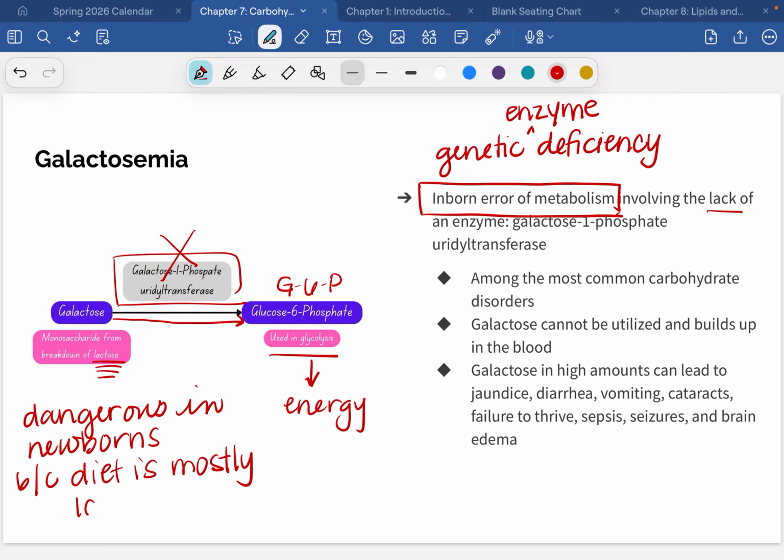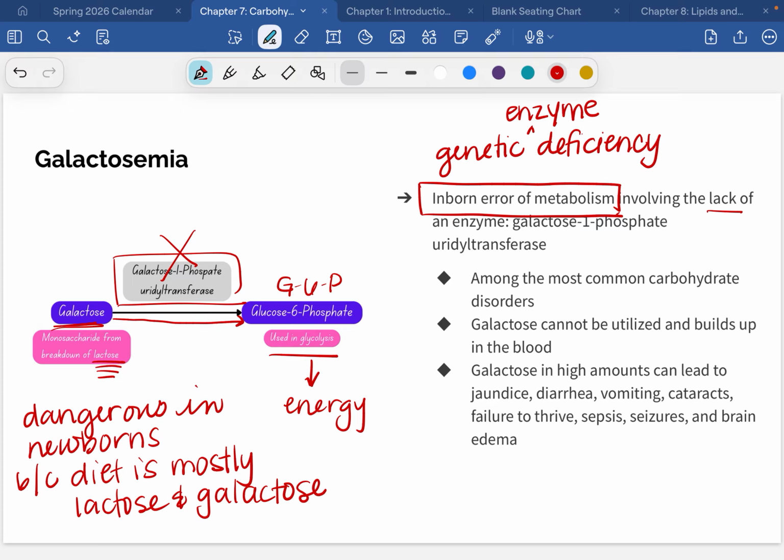Most of their carbohydrates, most of their sugar, most of their energy comes from lactose and galactose. If a newborn cannot convert this galactose into G6P to be used in glycolysis, they cannot produce enough energy.